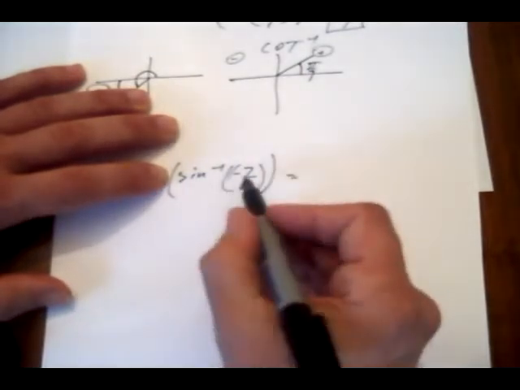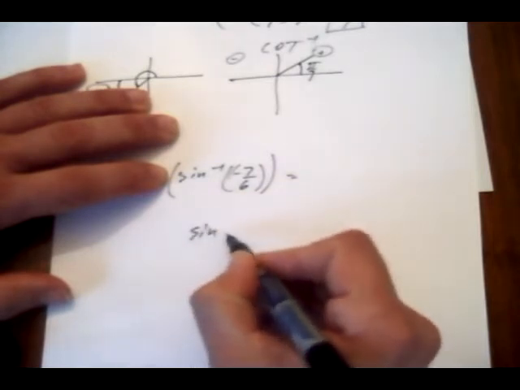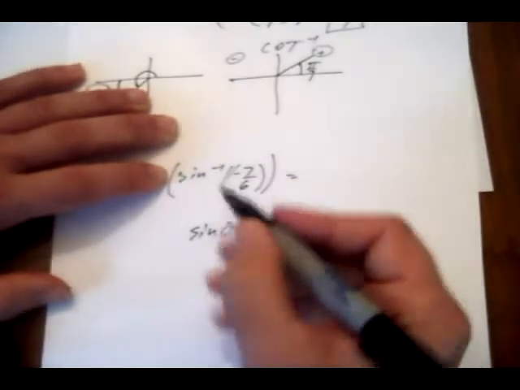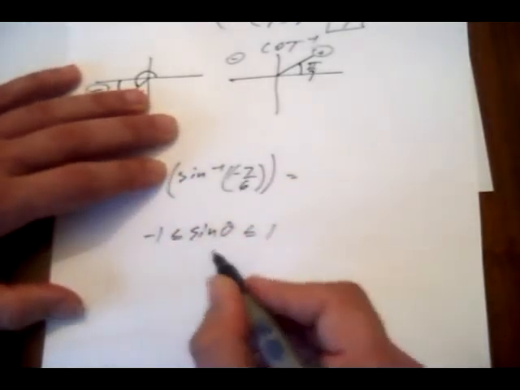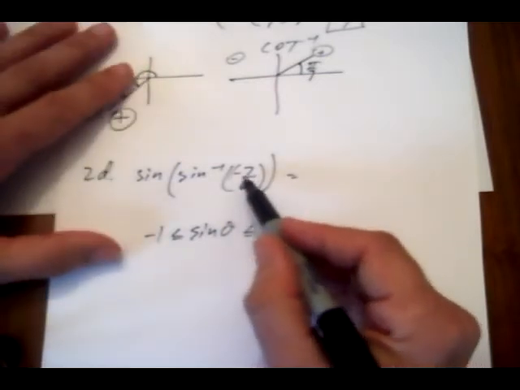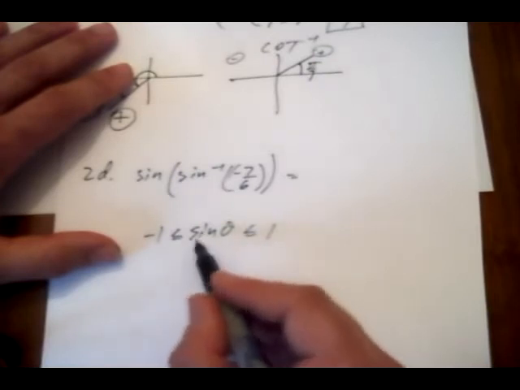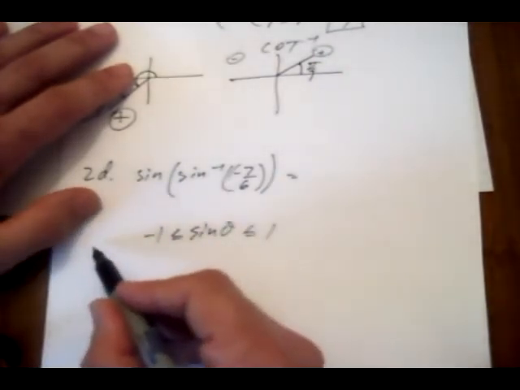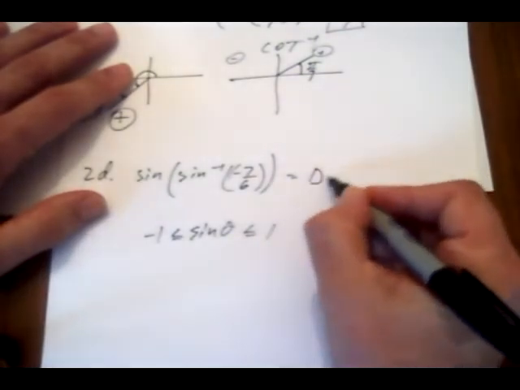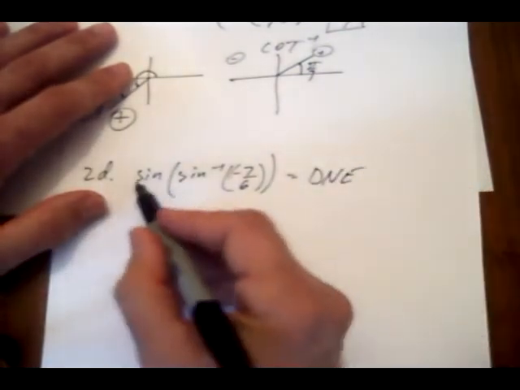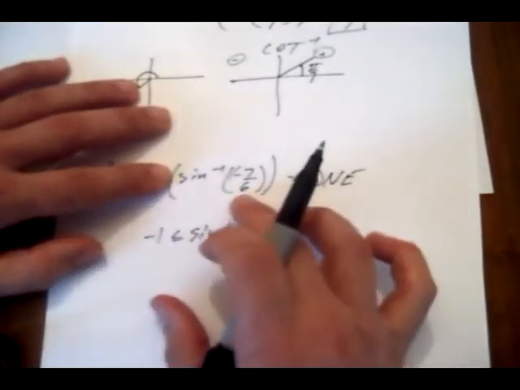Looking at the restriction side, sine of any theta or x lies between 1 and -1. In this particular case, we have -7/6. We have to realize it's outside this area. It's less than -1. Therefore, just by looking at it, we should be able to determine that the sine of such an angle does not exist.